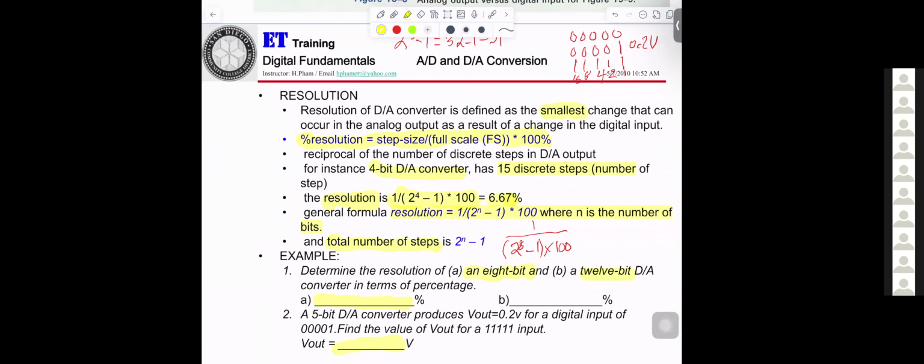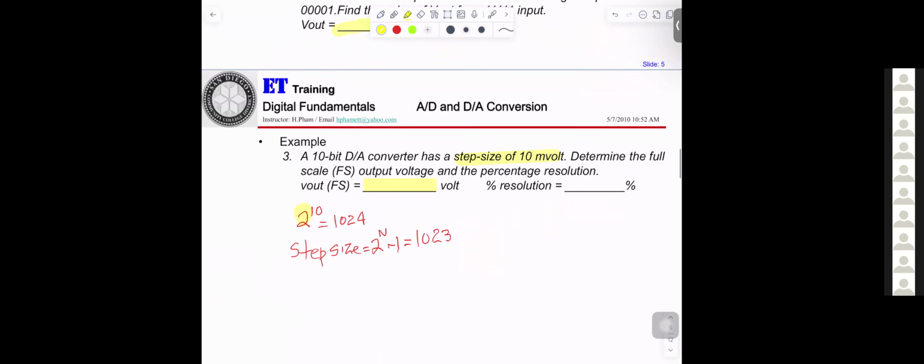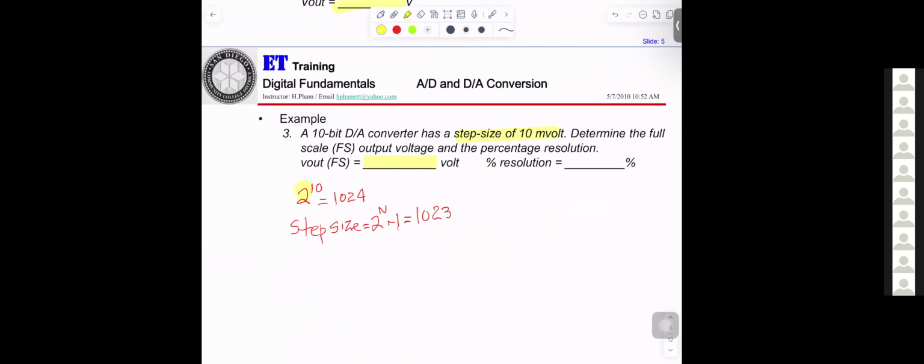Total number of steps is 2 power of n minus 1. So if you get 10 bits, 2 power of 10 will be 1024. Minus 1, you get the total number of steps. And step size is 10 millivolt. So you can calculate the voltage coming out.